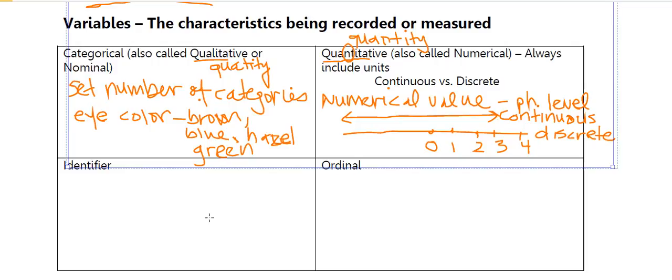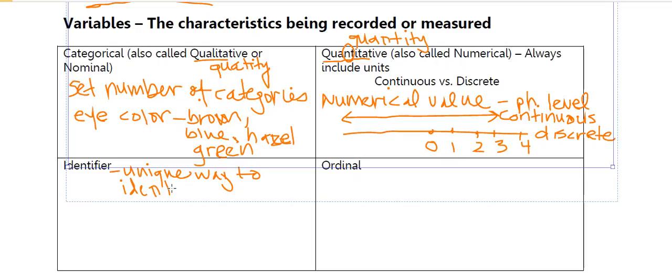We have a couple more, identifier and ordinal. Okay, identifier is an interesting one. That is a unique way to identify someone. It has to be unique to the subject or the experimental unit.